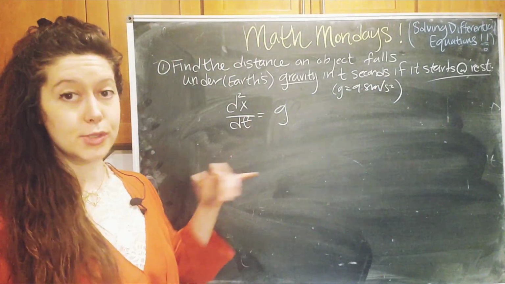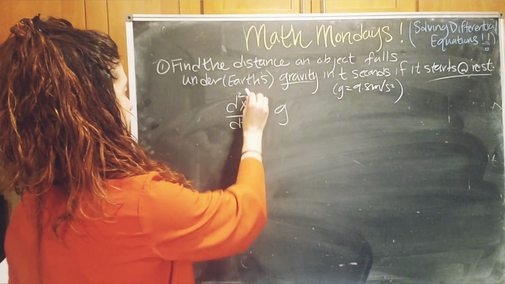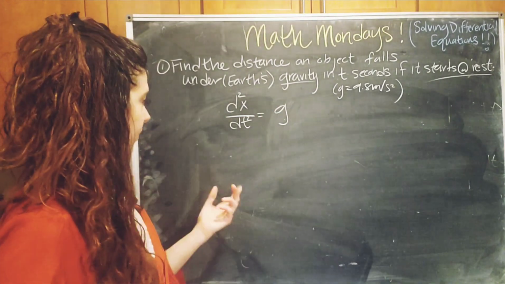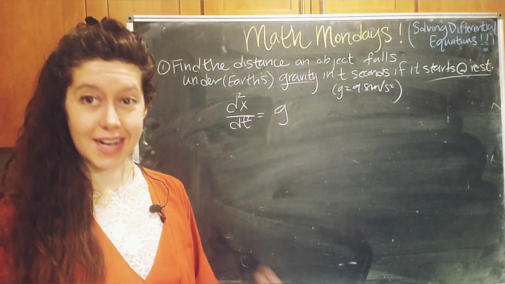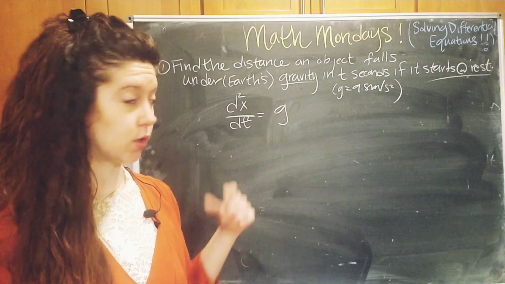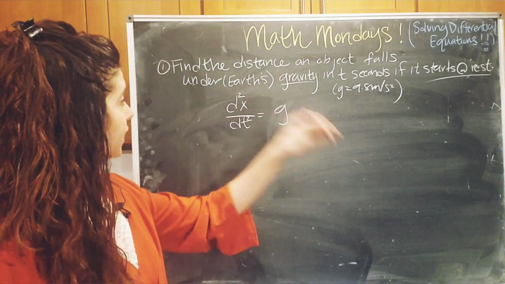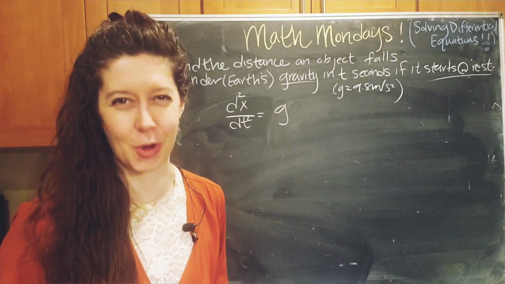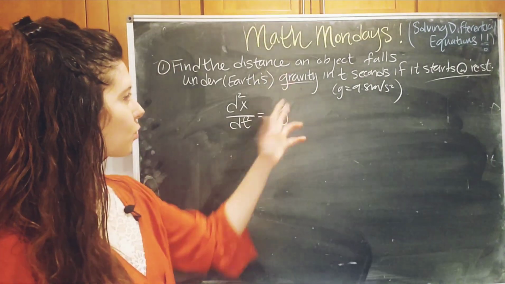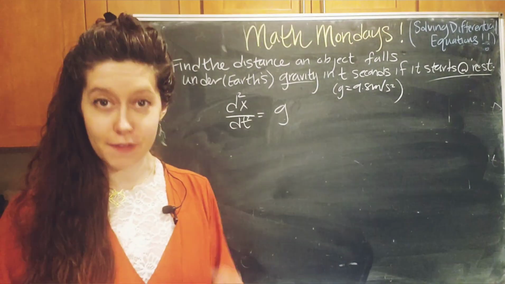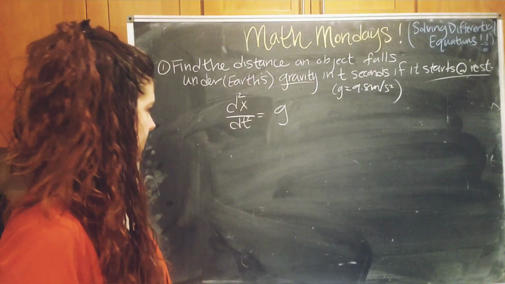So this is our starting differential equation. You can see it's second order because we have a second derivative of x with respect to time. And so now we need to solve this differential equation in order to figure out the distance. I'm going to say that in very large hand quotes because we're going to end up with a variable solution, but we will get to a fairly specific solution to this problem statement.